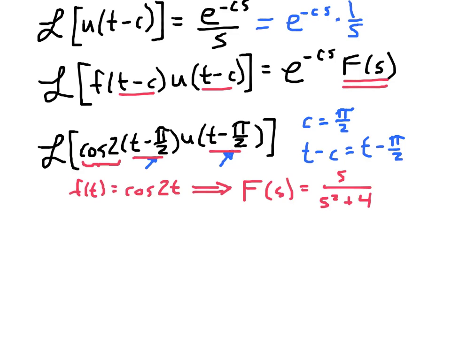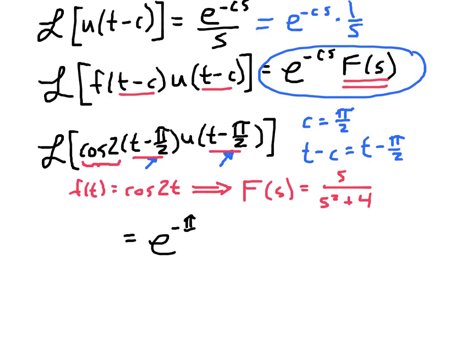So now all we have to do is put the pieces together. We can see the Laplace transform, let me circle it in blue up here, is e to the minus cs times our capital F of s. So the Laplace transform that we're after in this case is e to the minus pi over 2 times s, and then times our F of s, which is s over s squared plus 4.